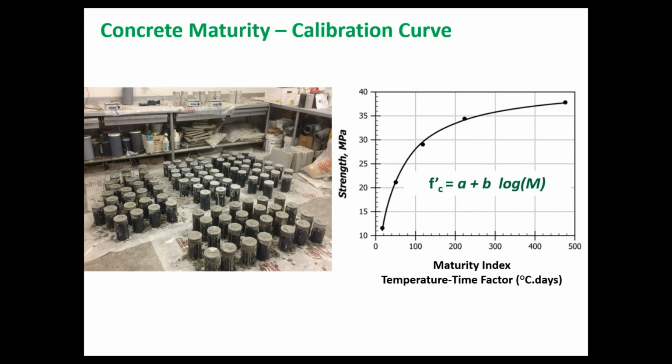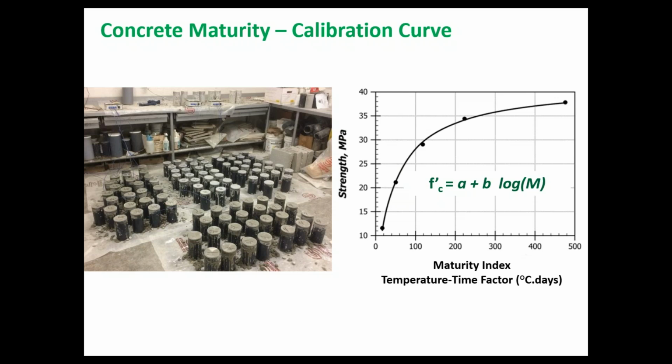So when you have this curve, you can do a curve fitting of the logarithmic function. So you have the f'c and you have the M, which is the maturity index. And based on the curve fitting, you can calculate the A and B parameters. And A and B parameters are the calibration parameters for your maturity curve.